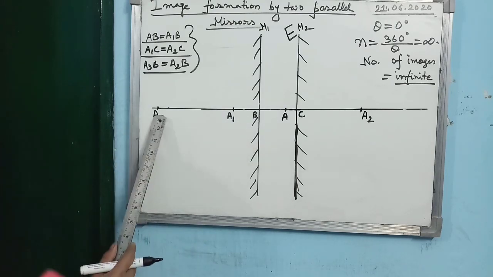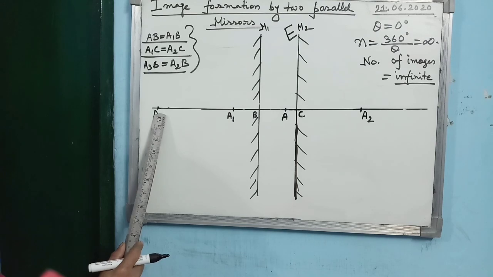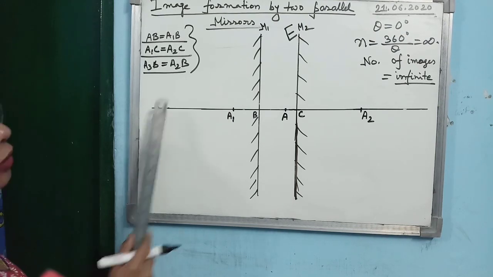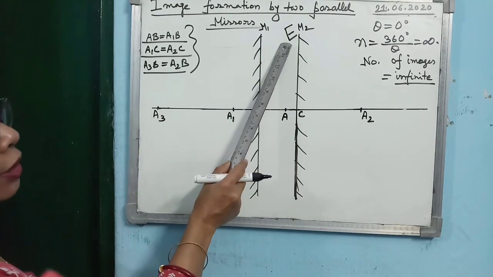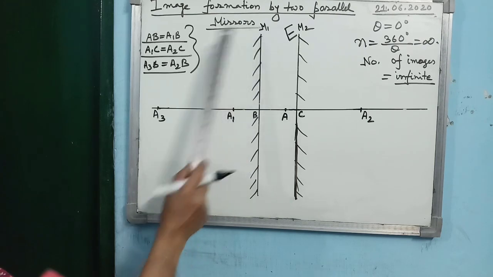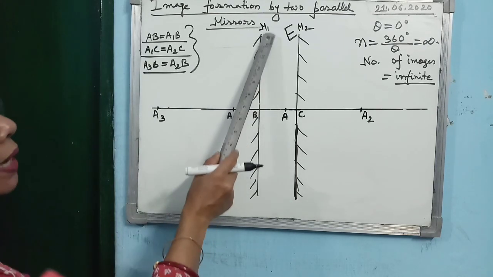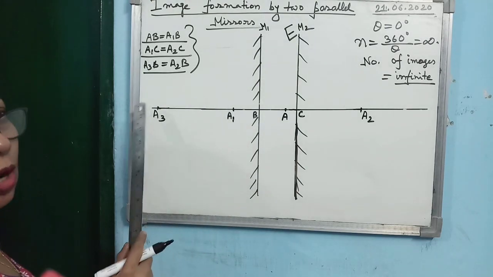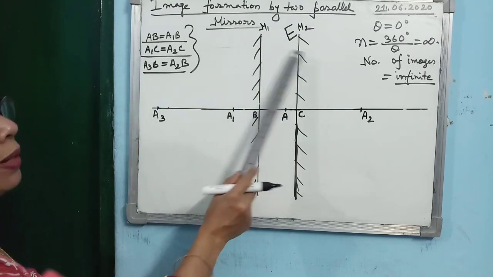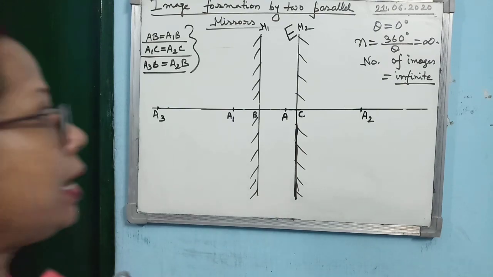And then start from the last image, A3. Join A3 with the upper and lower point of the observer I by a straight line holding the scale, and when you join it behind the mirror M1, it should be dotted. In front of, or in between the two mirrors, the lines will be solid.